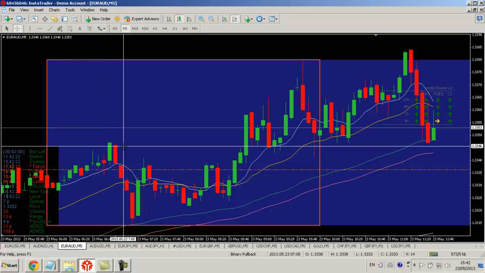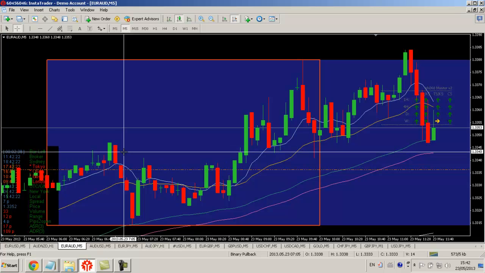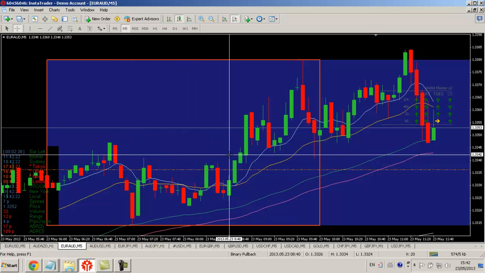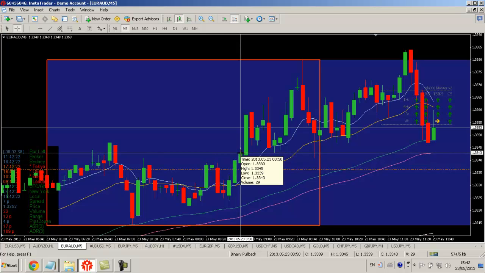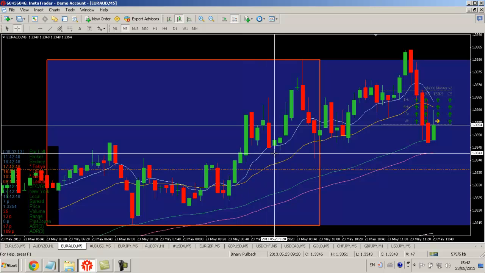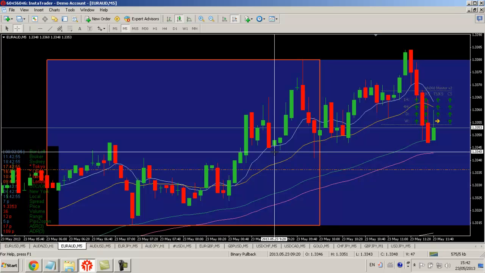So when I'm looking at this chart, I can see probably around about there is some support and resistance, because you can see on that candle it's had a resistance at that level, which is 1.3343. Further on over here, that 1.3343 has become a resistance.